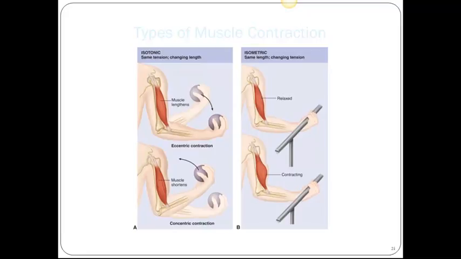This is very much changing the length of the muscle, and as we contract it, it shortens, and when we are not contracting that muscle, it then lengthens back out. Isometric is where we hold that position, and our muscles, say we're carrying something really heavy, are not changing length, but we are changing the tension in the muscle and are able to hold that heavy object. So that's isometric.